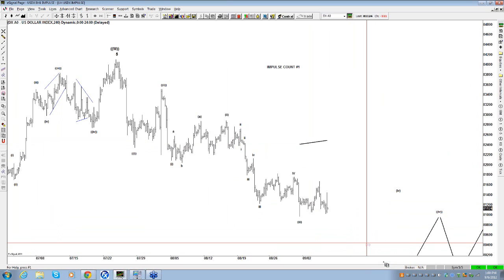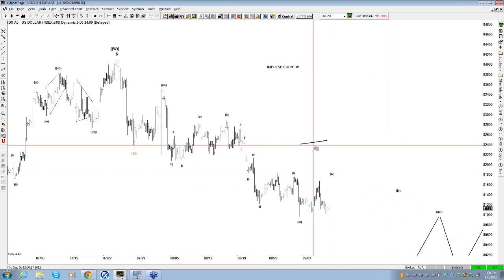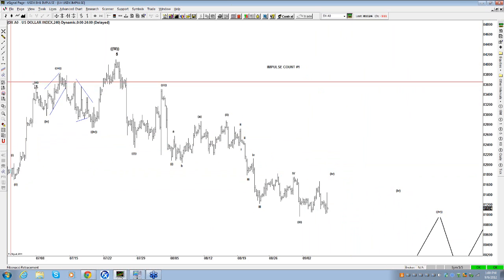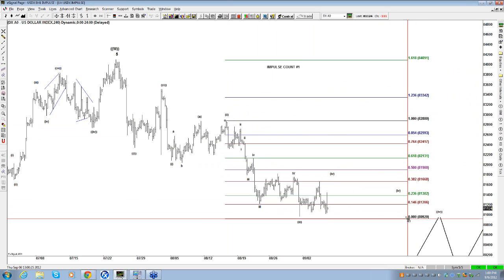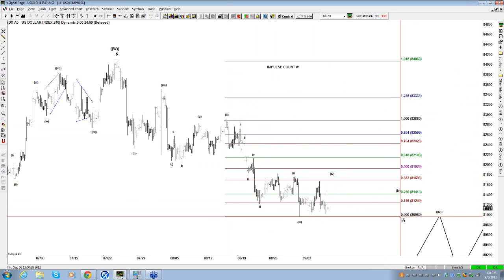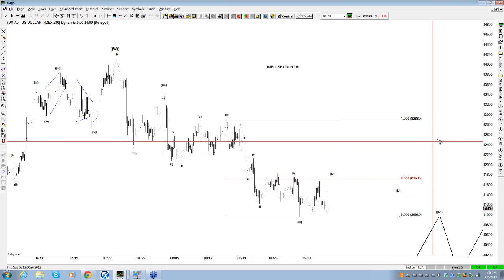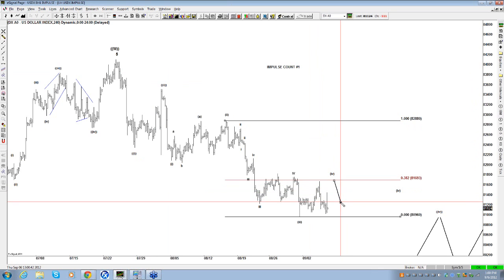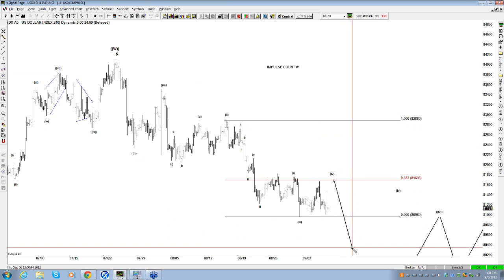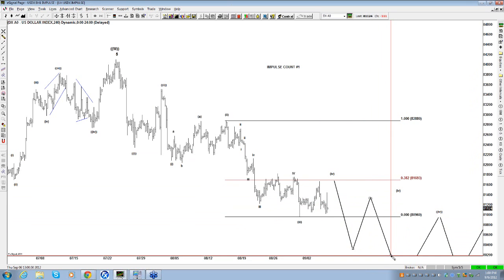And now, because I think the trend is down, now it's gonna count here. It's gonna rally here, 81.69. The euro's gonna go to 125, and then they're gonna do this together again for the final move down.